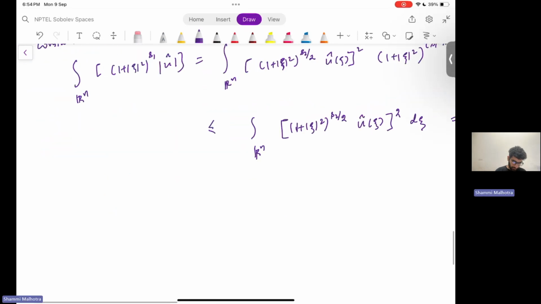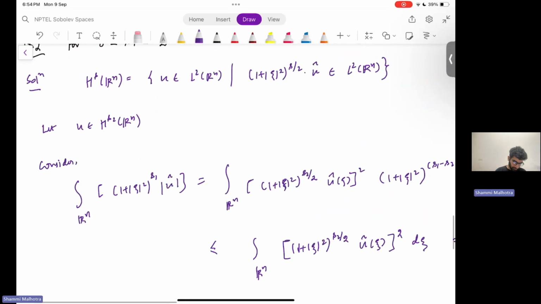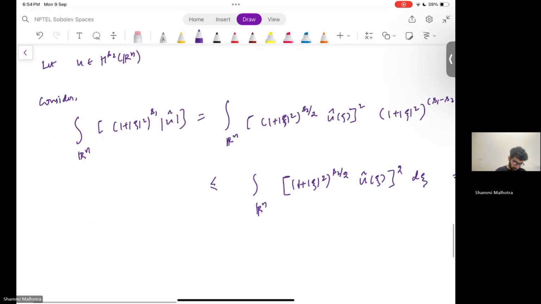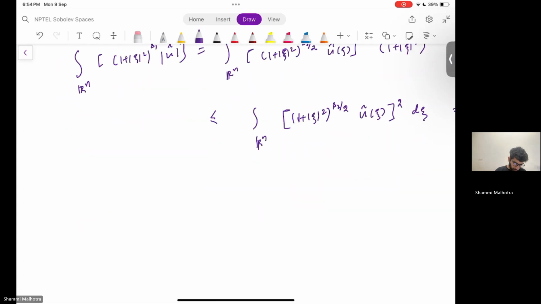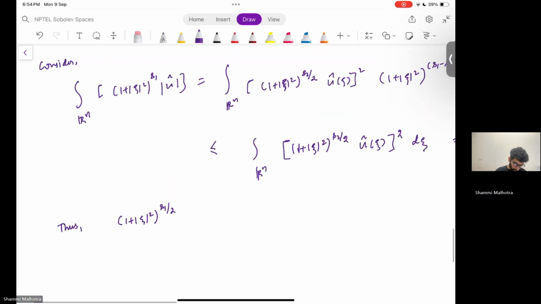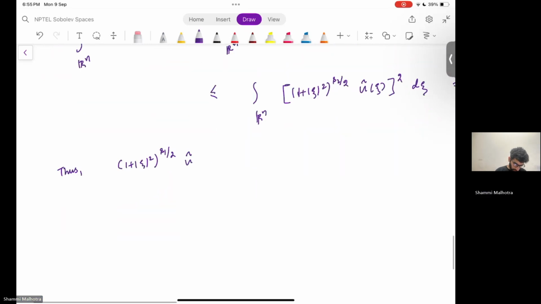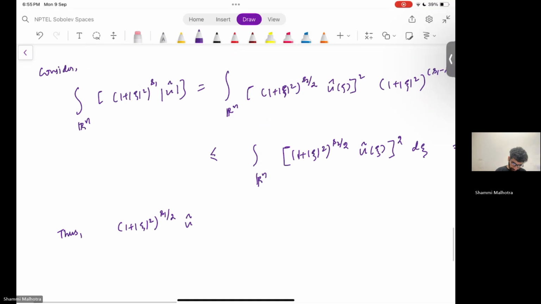Once that is there, we have (1 + |xi|^2)^(s1/2) u hat belongs to L^2(R^n), and this will imply that u has to be in H^s1(R^n).